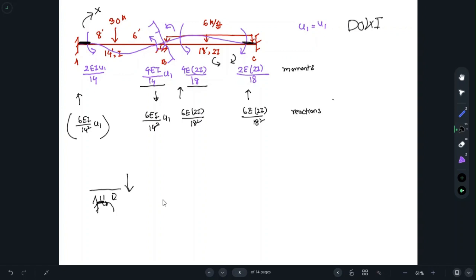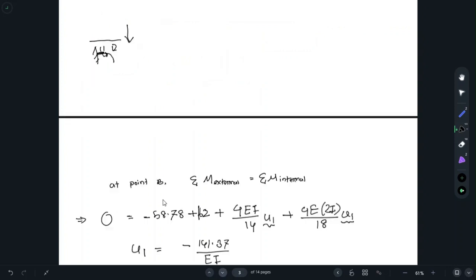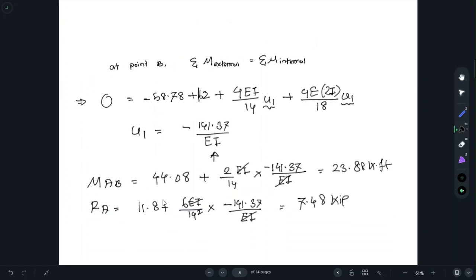So after assigning the moments and reactions for Doki, we make an equilibrium equation considering the point where we applied our Doki, so that the moment exerted due to external and the moment created internally are balanced.